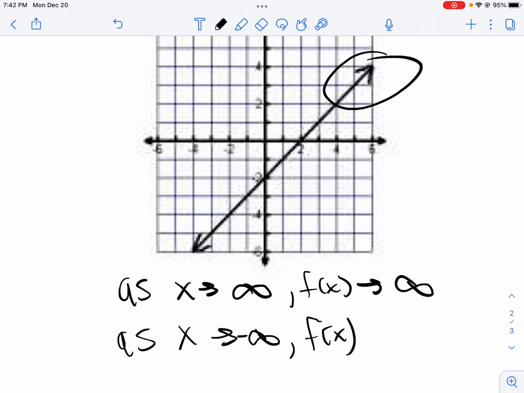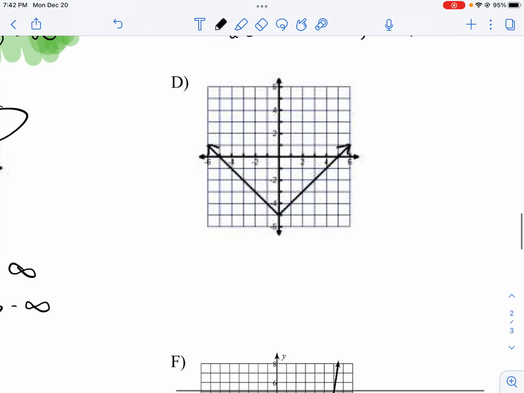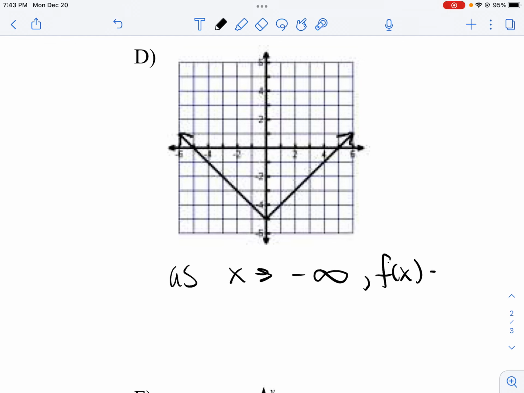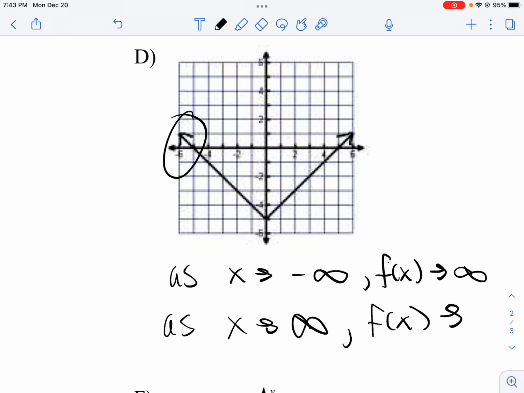So as we go to the left, our arrow is going down. And example D. Oh, we have so many. So as x goes to the left, your y is going up. You'll notice the arrow is pointing up on the left. As x goes to the right, your f of x is going up.